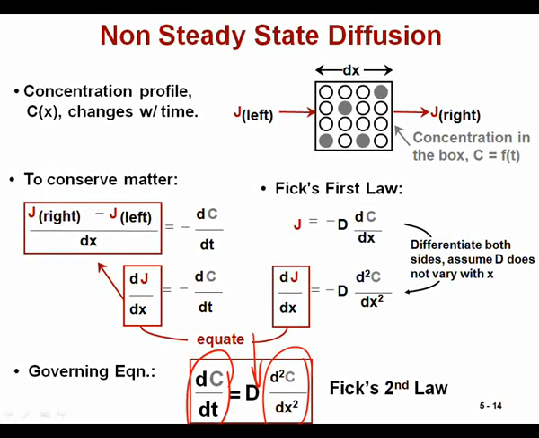So we need that concentration gradient. That's the driving force for the diffusion. And so the bigger the concentration gradient, the more flux. Now, the amount that concentration gradient changes with time is related to the curvature, d squared C/dx squared, or the curvature of the C versus x profile. And that's Fick's second law.